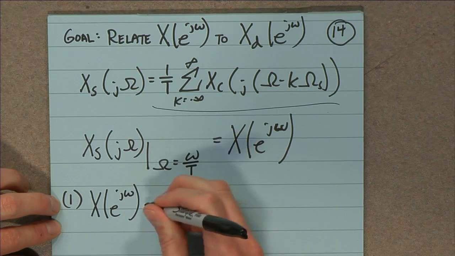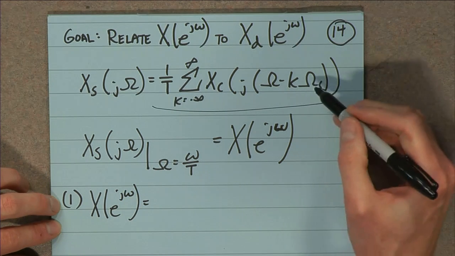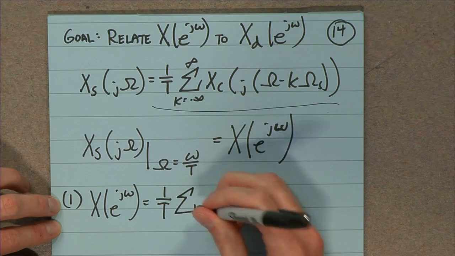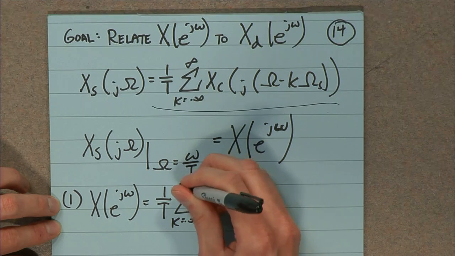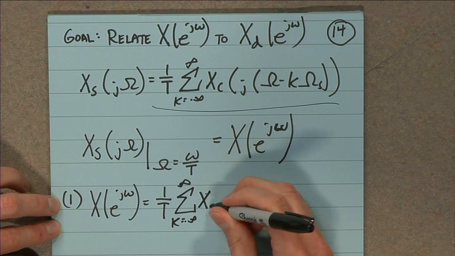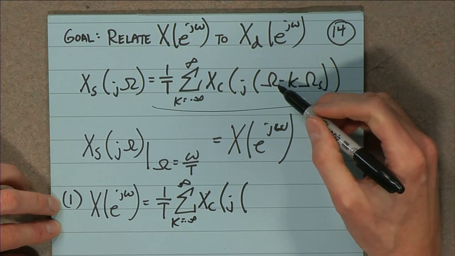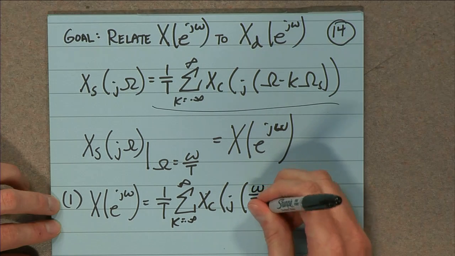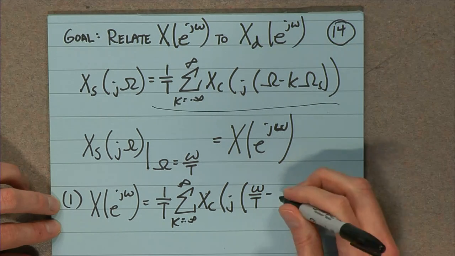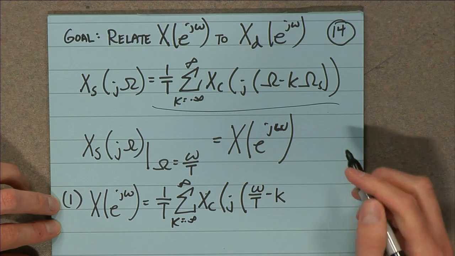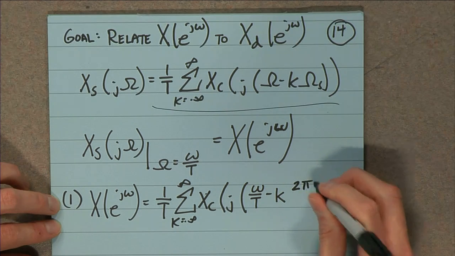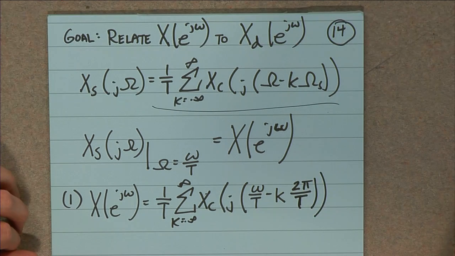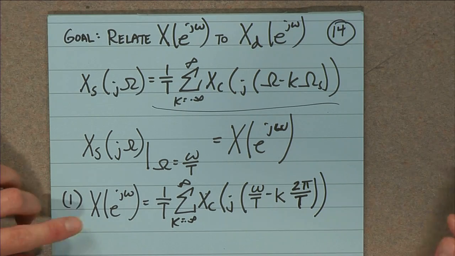So we'll go back to this, and wherever we see capital omega, we're going to replace it with small omega over T. And that's k, and omega_s is 2π over T. So we've got everything in terms of T. That's our beginning point.